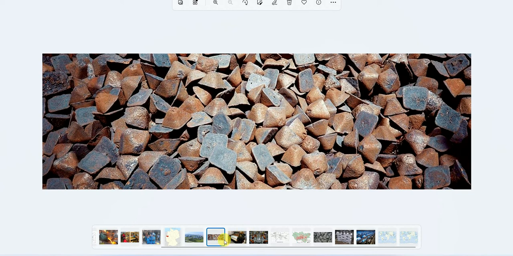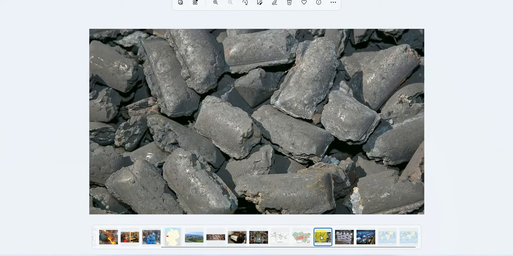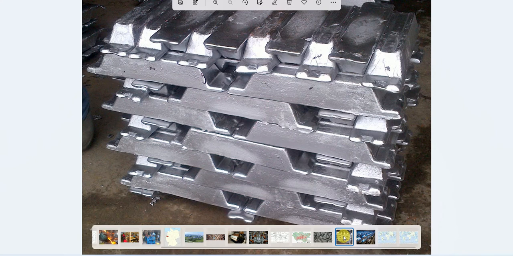So this is one of the products. Pig iron and sponge iron are all products of the iron and steel industry, the first product. And this is another product, known as ingot steel. And from these steels again we can make different other steel products.